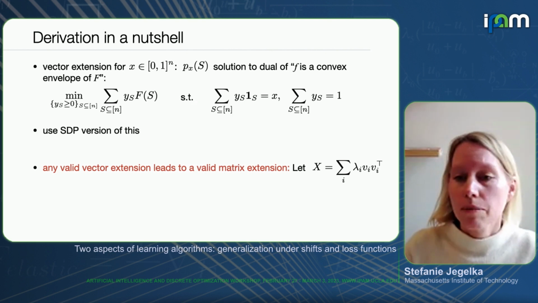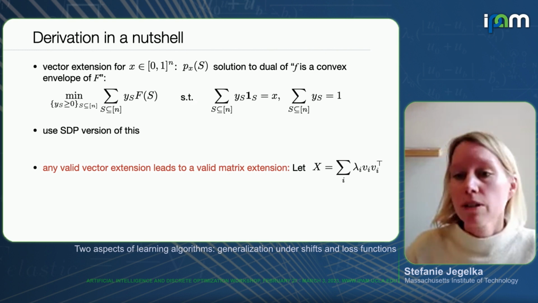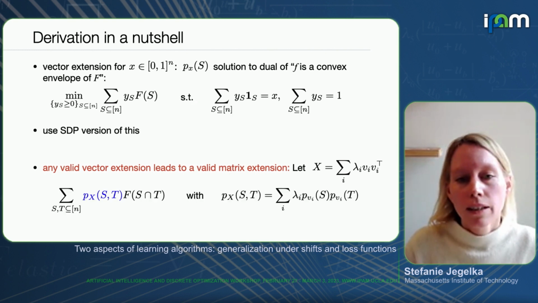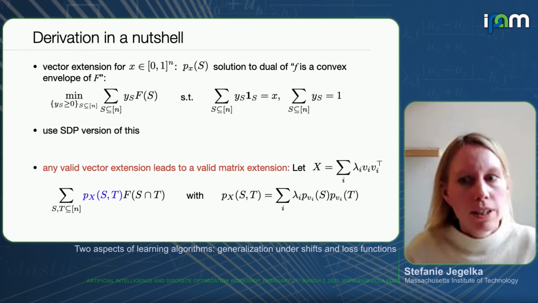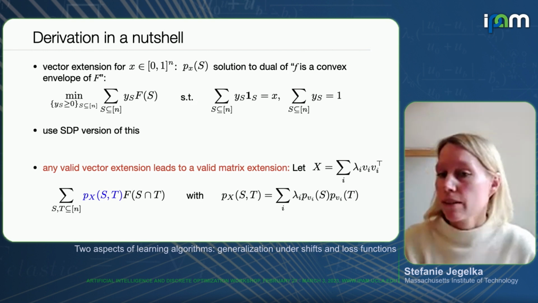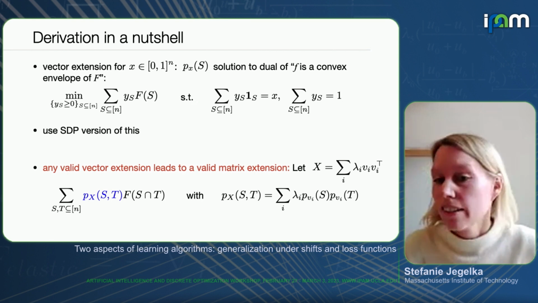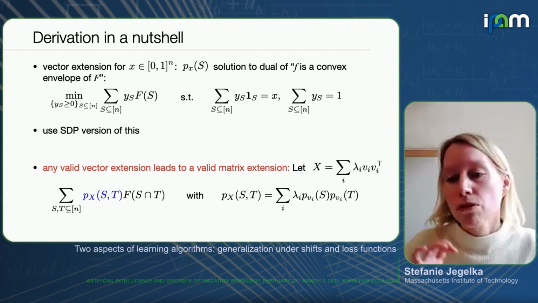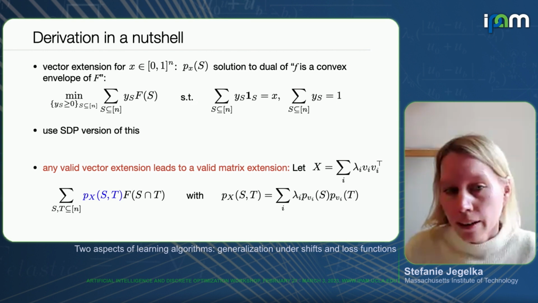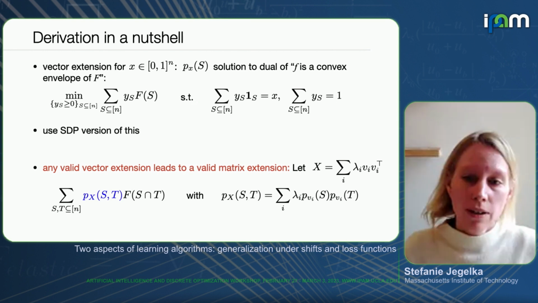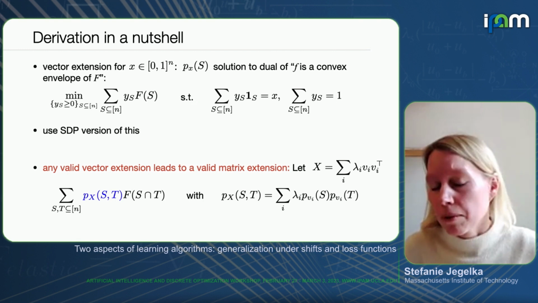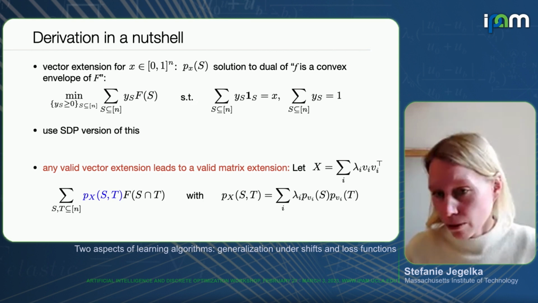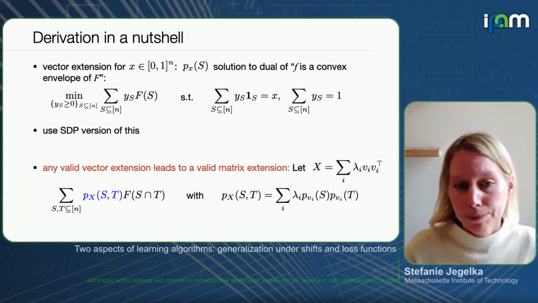The way I can do this is by looking at a decomposition of the matrix, for instance, the eigendecomposition, and then taking a linear combination of the extensions for each eigenvector. Each eigenvector is a vector, so I can use it as a vector relaxation, and use the distribution defined by that eigenvector. That gives me the matrix extension. Now the eigenvectors don't always have entries between 0 and 1. In some cases, it doesn't matter. If it matters, you can send it first through a sigma.